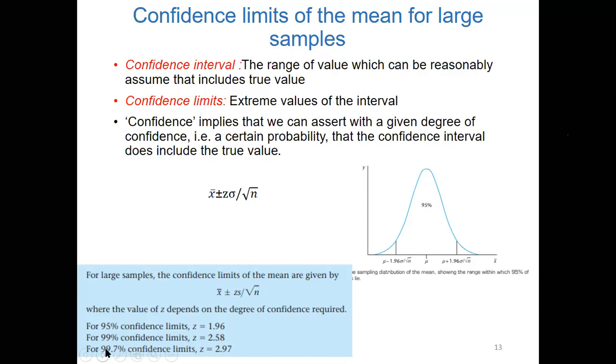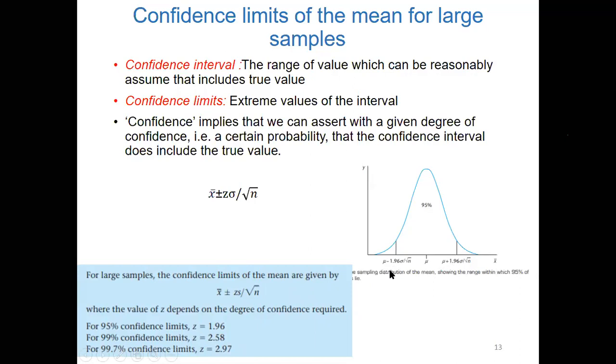And when the confidence limit is 99.7%, z becomes 2.97. These are constant values. And look at this graph: when it comes to the confidence interval, the upper limit is mu plus this value, and the lower limit is mu minus this value.